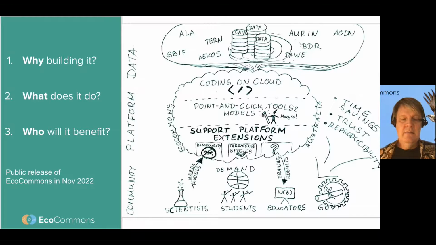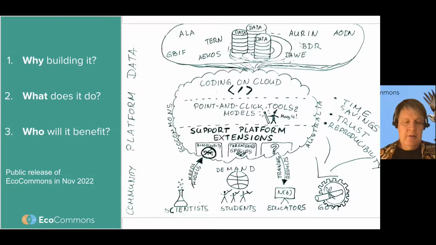And you don't need coding skills or expensive equipment to run complex models. We provide easy to use point and click dashboards where you can do some modeling. But we also offer training to give users the chance to run their own code, or they can download the code that was used to run the dashboard models if they want to, and they can explore, they can dig into the details of the modeling.